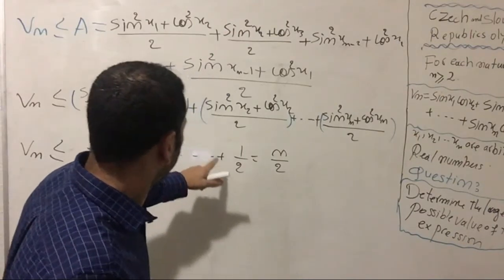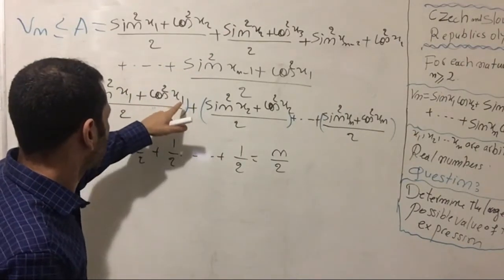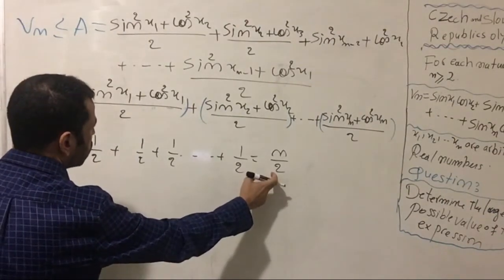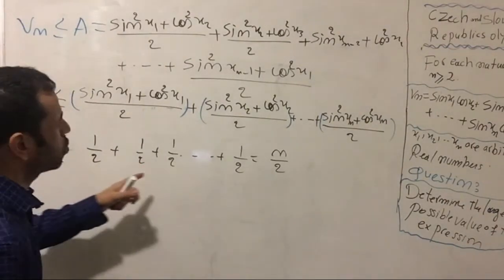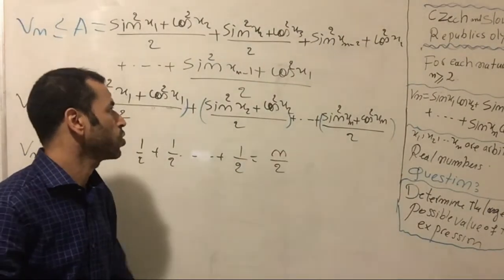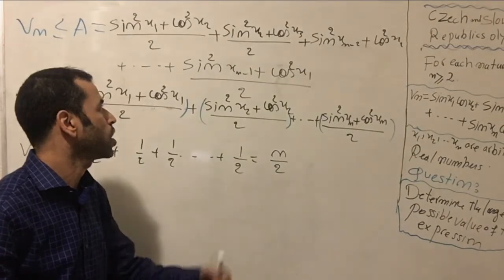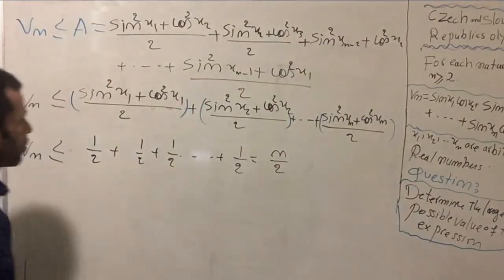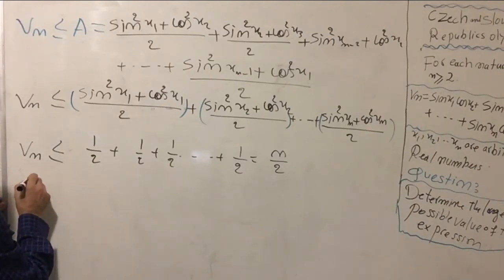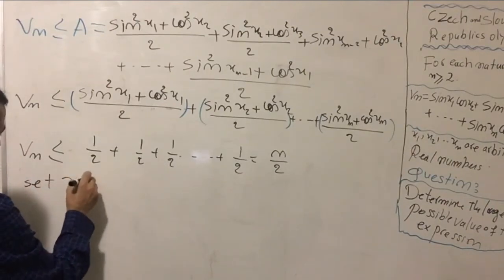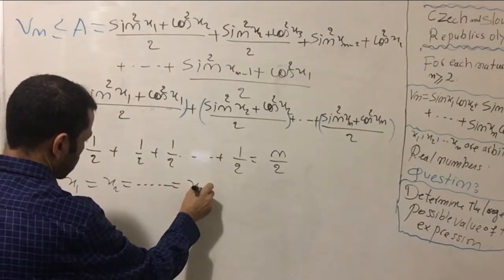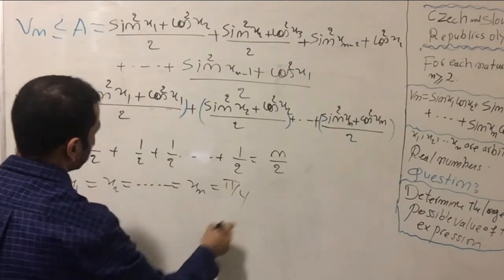Okay, I'm going to determine x1 through the x sub n. So in order to find this value, I'm going to set x1 equal to x2 equal to x3 all the way down until we get the last term, x sub n, equal to pi over 4.